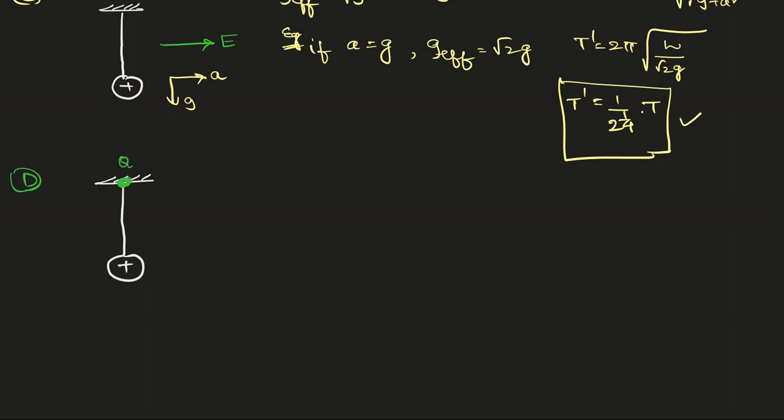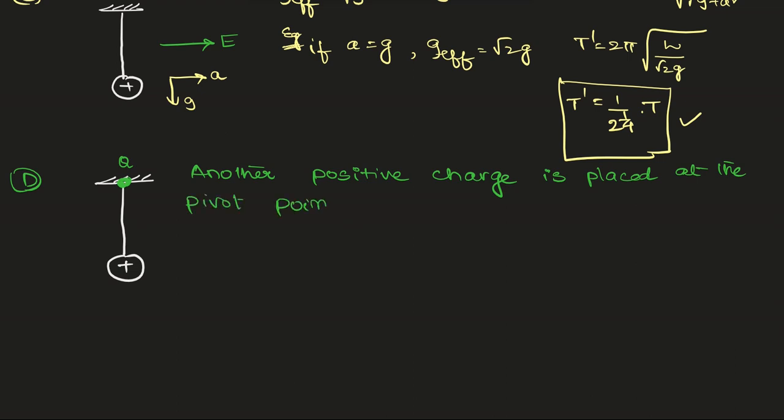If they gave that statement like this, another positive charge is placed at the pivot point, and as it is a positively charged object, it will give always radially outward field.